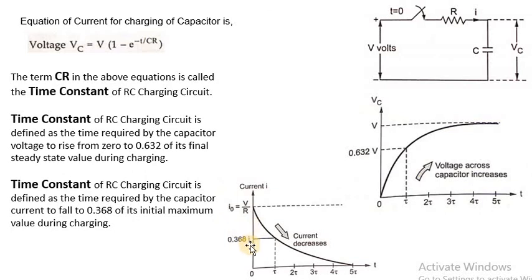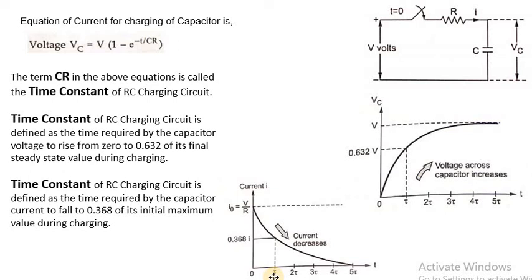It's the initial value. What is initial value? V by R value. So when your current decreases from V by R value to 0.368 times V by R value, so how much is the time required? The time required for this phenomena is 1 tau.